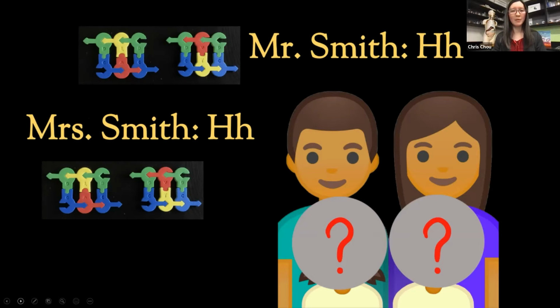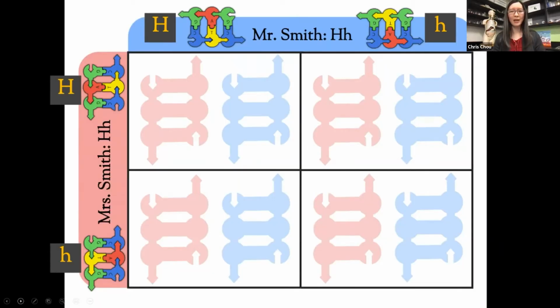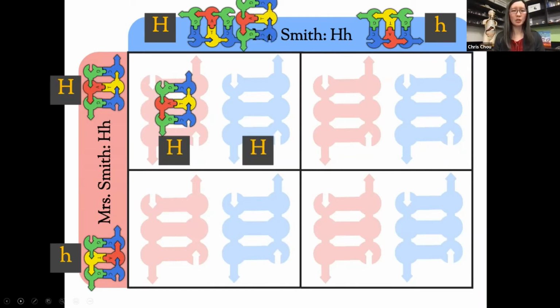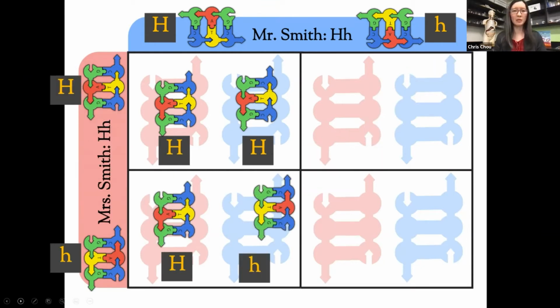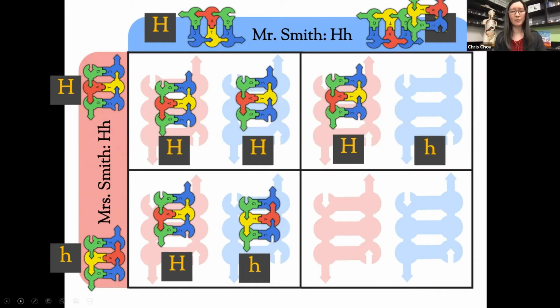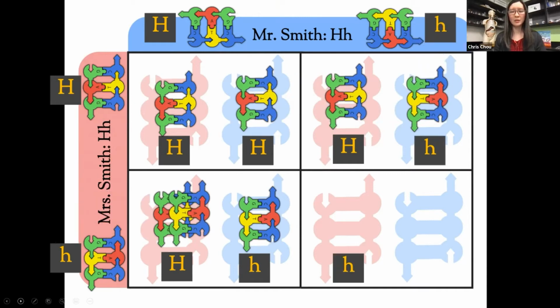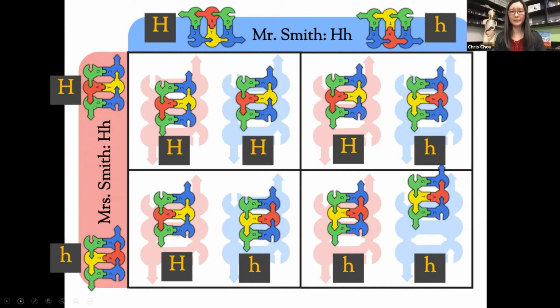And so you can talk to them about, with your students, you can have them model these particular genotypes, and then you can use the large Punnett square and have them place the nucleotide versions of these alleles onto that placemat, and then have them bring them down and show what combinations could be created if Mr. Smith donated this version versus Mrs. Smith donated this version. So you can see the possible outcomes of what their children might inherit.